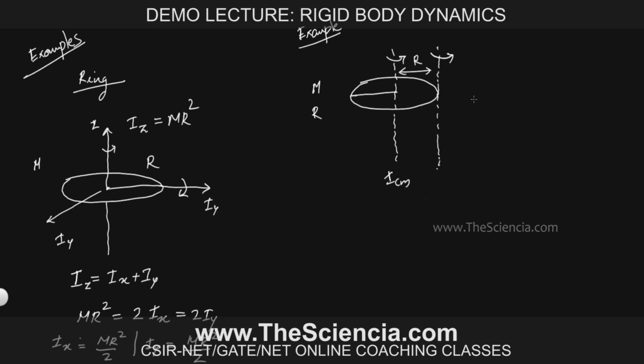Now what is the moment of inertia? We use I equal to ICM plus Md square. ICM of a ring, you already know, is mr square, plus m, where d is equal to r, the radius of the ring, so mr square. So I is equal to 2mr square.